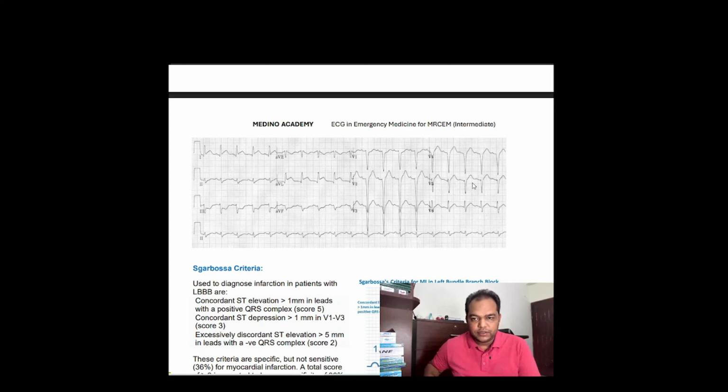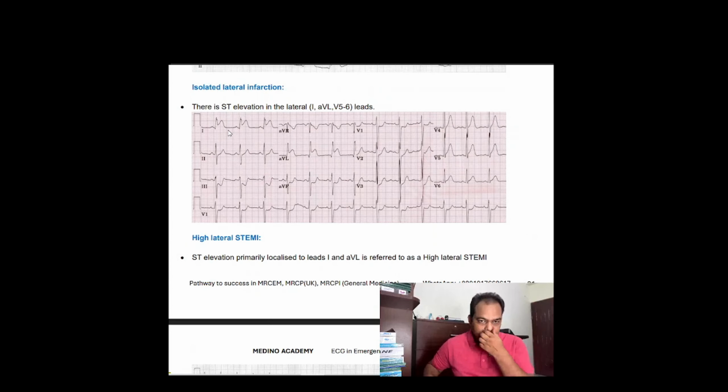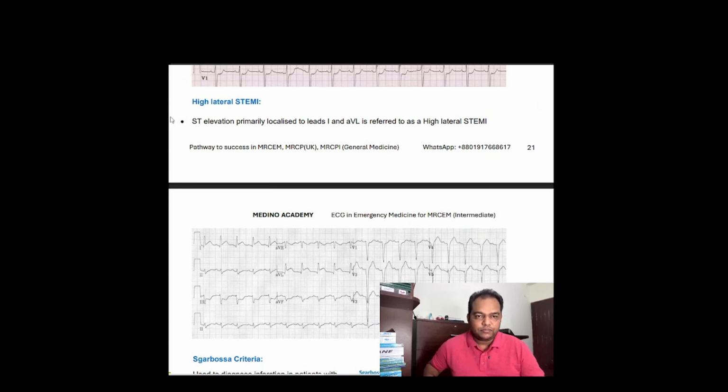There is no ST elevation in lead V5 and V6. So when there is ST elevation in lead 1, AVL, V5 and V6, it is isolated lateral infarction. And when there is ST elevation in only lead 1 and AVL, no ST elevation in V5 and V6, it is called high lateral ST elevation MI.